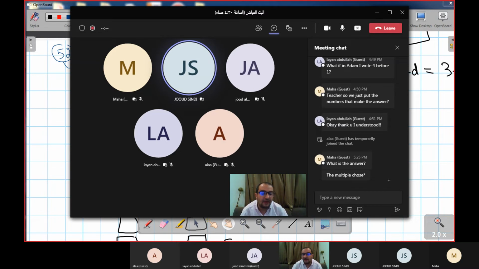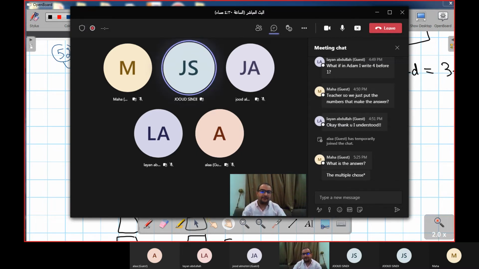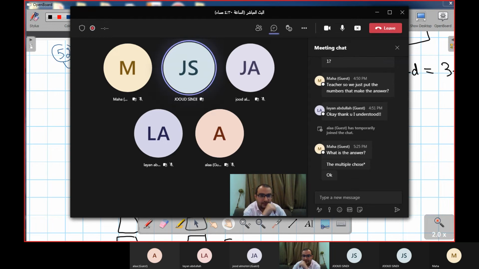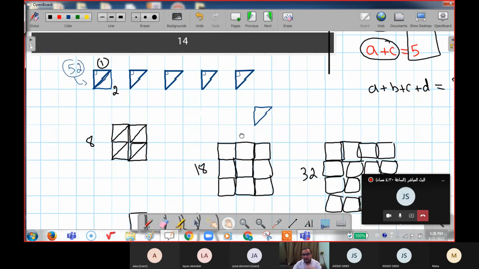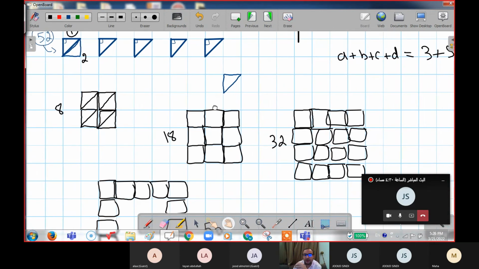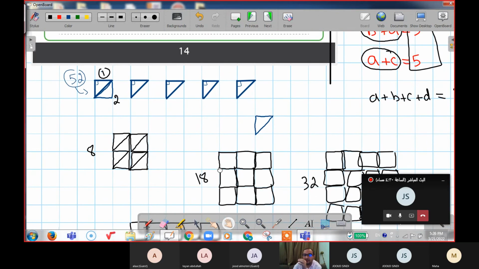What is the answer, Maha? We did not get the answer until now. And always think it's not about directly finding the answer. Okay, so now I draw just 1, 2, 3, 4, 5 sides, but sides with what?